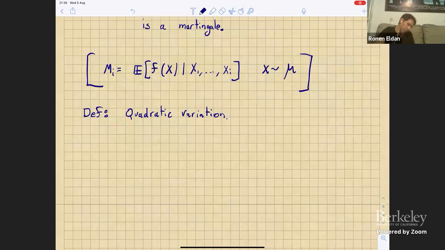So suppose M(t) is some stochastic process. Actually, okay, the definition is really deterministic, but we're going to use it for stochastic processes.